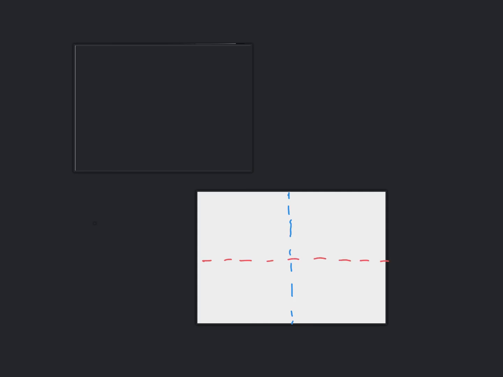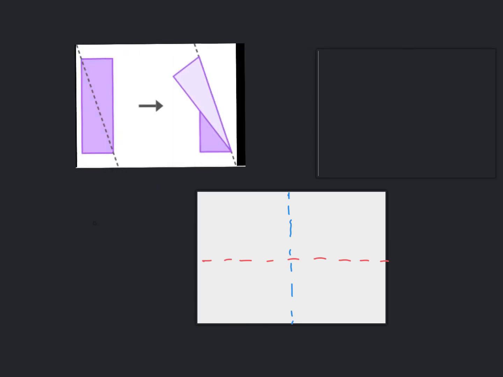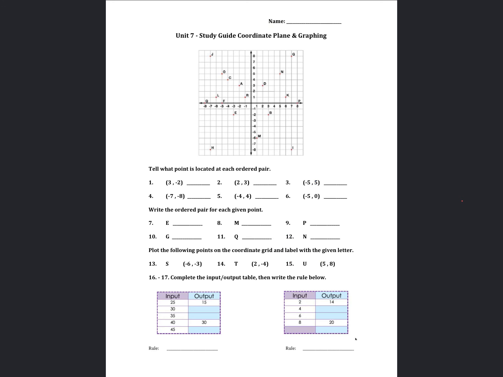If I try to divide on the diagonals, look what's going to happen. They do not match. So how many lines of symmetry does a rectangle have? 2 lines of symmetry.